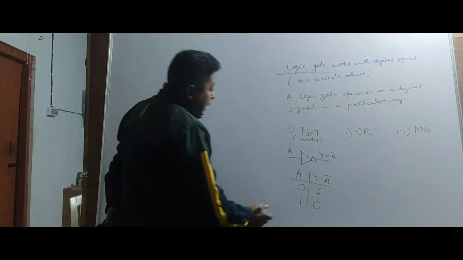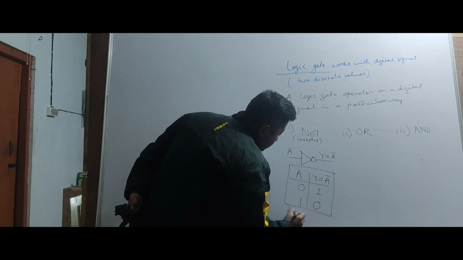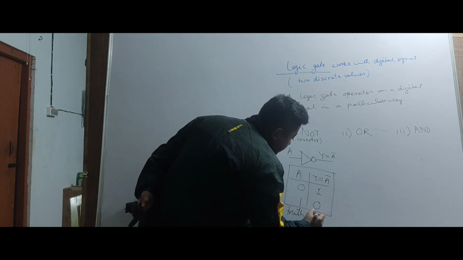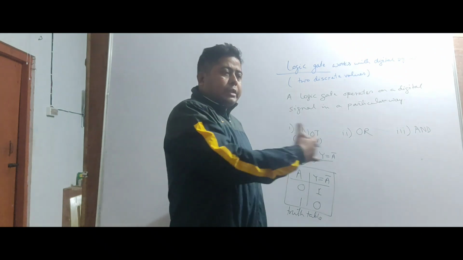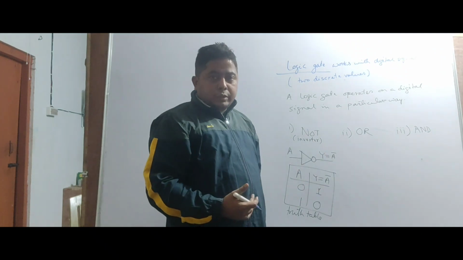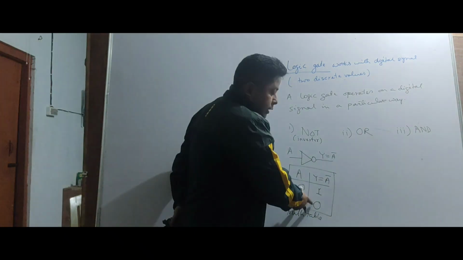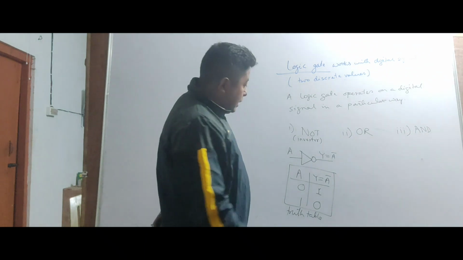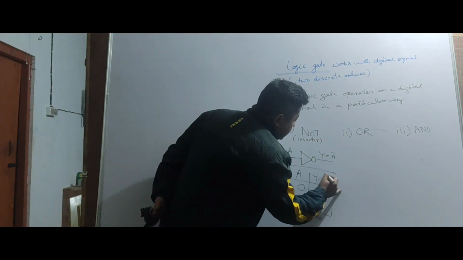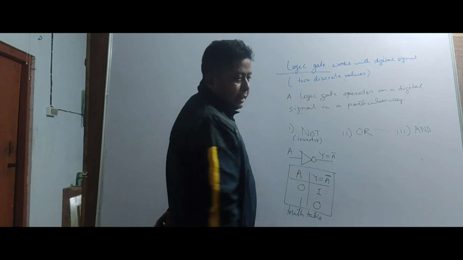And this is called a truth table. A truth table means all possible inputs and the corresponding outputs. You can see here these are the possible inputs and these are the corresponding outputs. And this Y equal to this expression is called the Boolean expression.